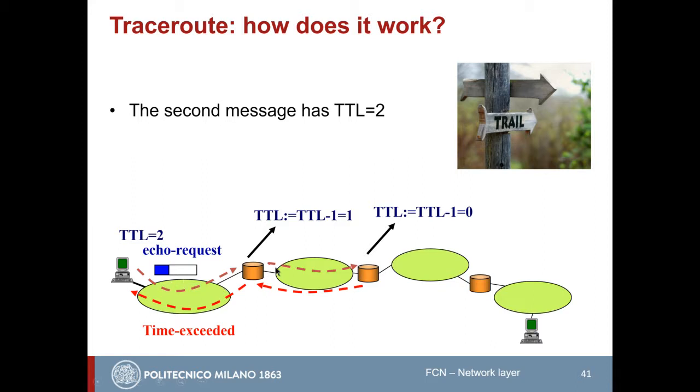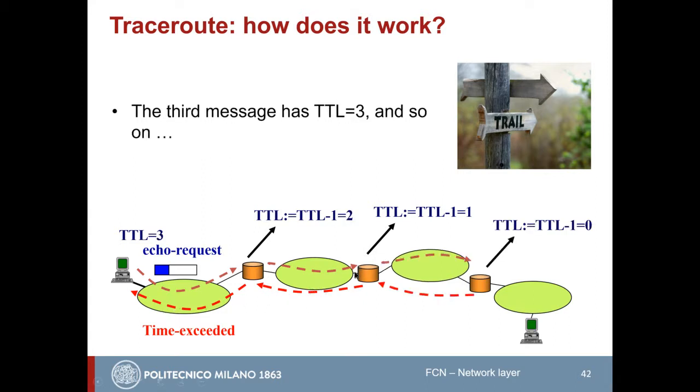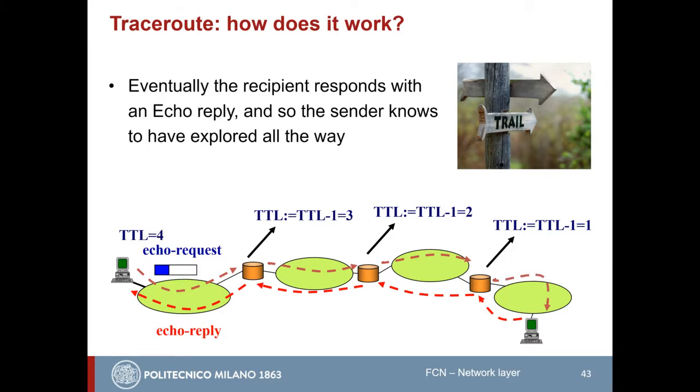So it will go through the first hop, make another hop, and be discarded. Upon the loss of this packet, another time exceeded message will be generated back to the source. So the source is able to identify also the second router, and so on and so forth until the message arrives at the destination.